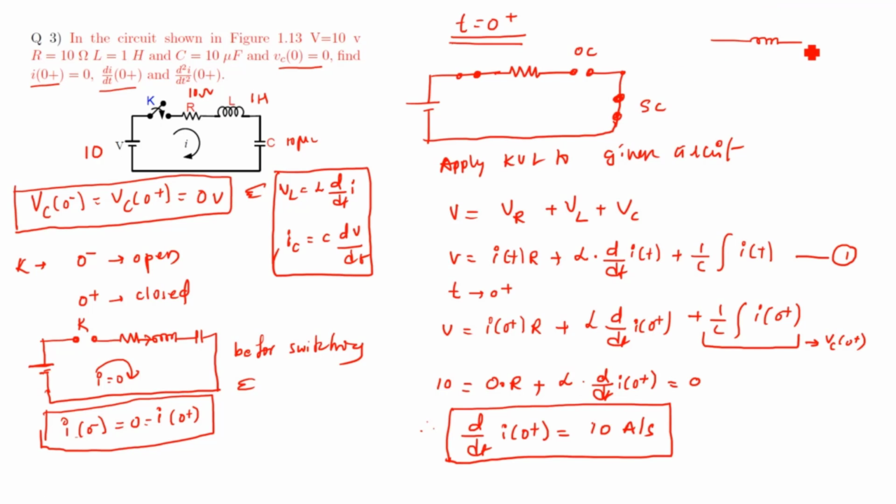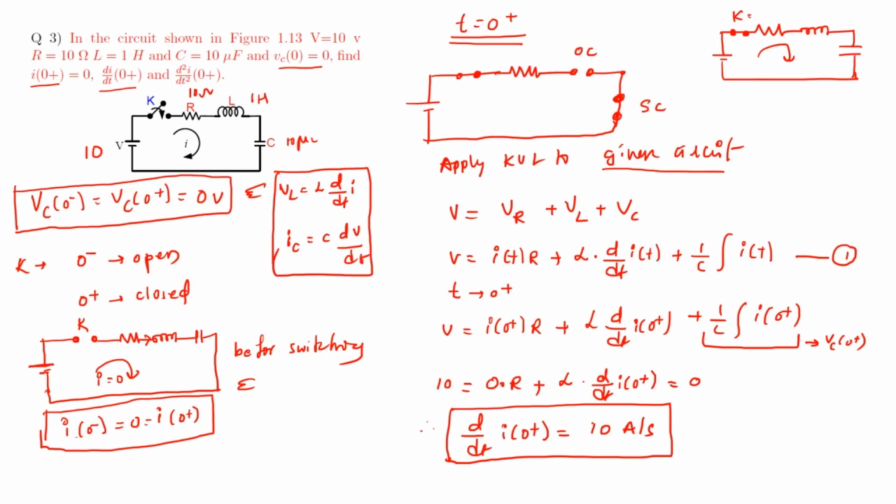Can I replace this by an inductor, or by a resistor, inductor and capacitor? This is the circuit. So we have applied KVL for this circuit by assuming K is closed after some time interval.